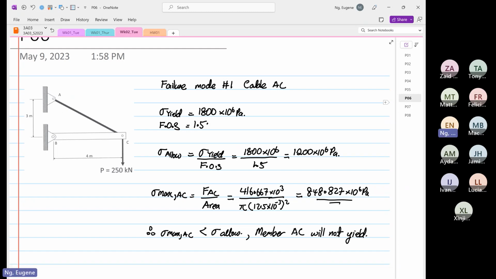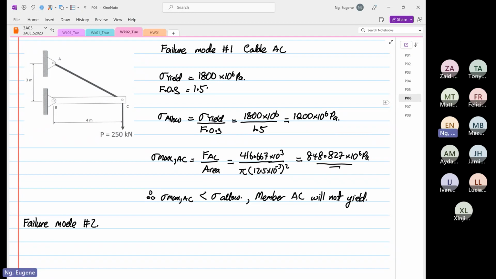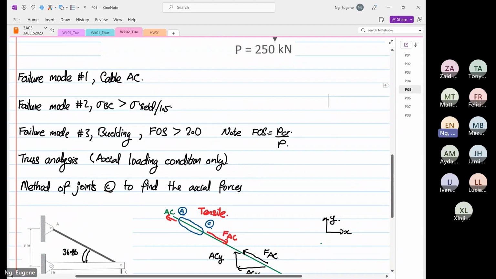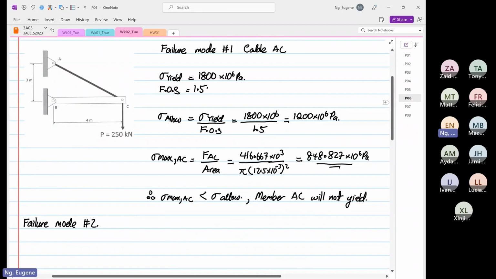Okay. So the next thing we are going to look at is failure mode number 2, as we mentioned over here. Stress BC must be less than stress U divided by 1.4. So stress BC must be less than stress U divided by factor of safety.